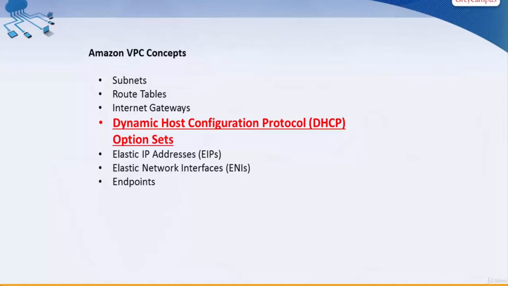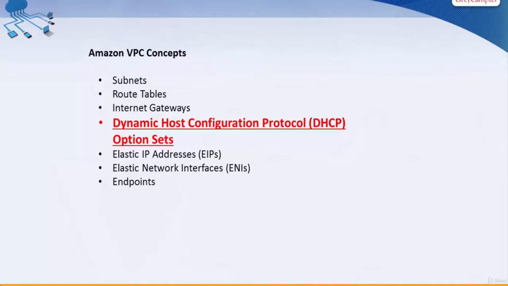Even in a VPC, we can have the same type of setup where I spin up a machine and it receives an IP address from a server directly. So dynamic host configuration protocol provides a standard for passing configuration information like the IP address and domain name to computers in a network.